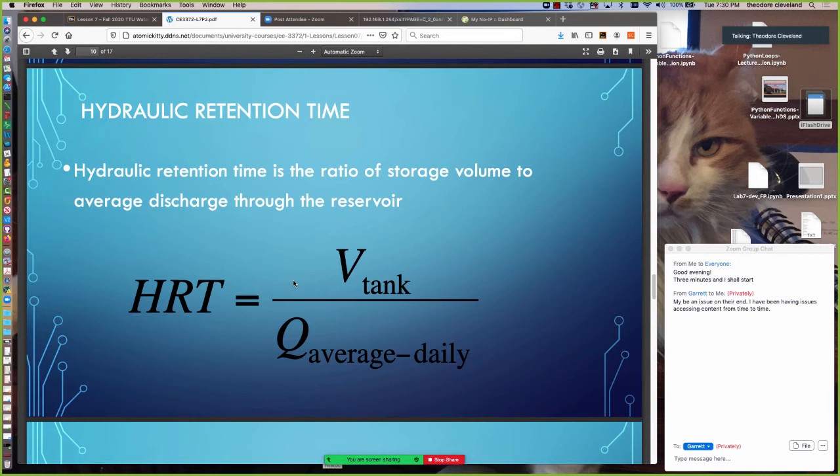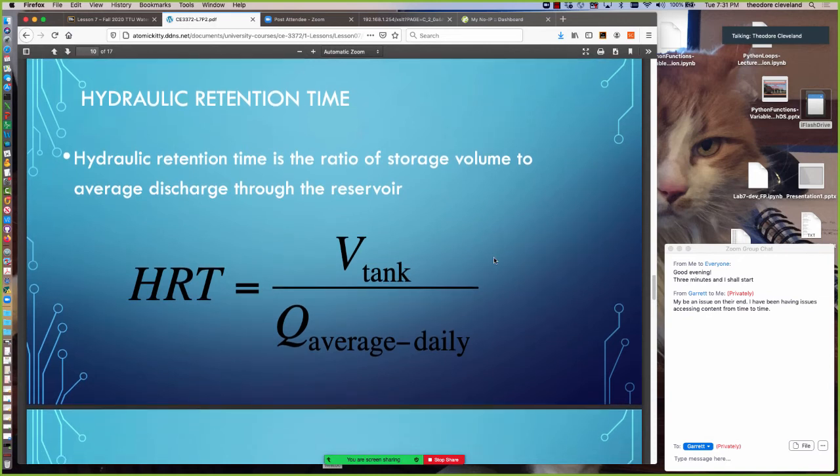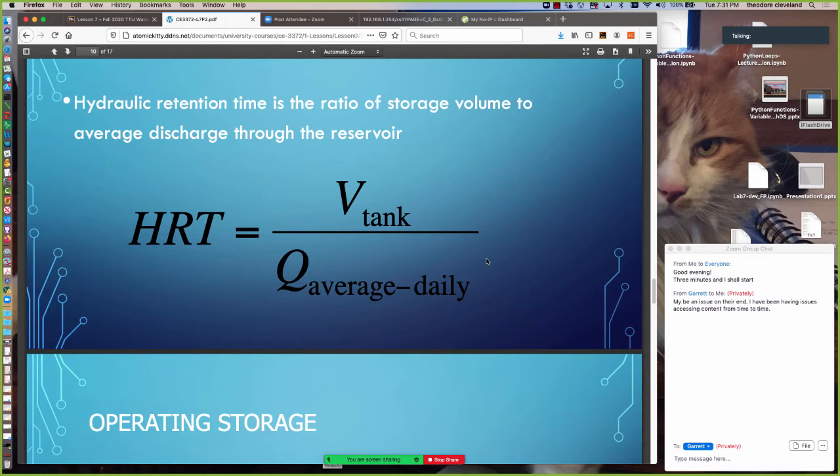So it is indeed a characteristic time that represents the average behavior of how long something would stay in that tank. There's going to be corners of the tank where materials stay a lot longer, and there's going to be other portions of the tank where they spend less time. But on average, the hydraulic retention time is a good averaging value for how long water stays in the tank.